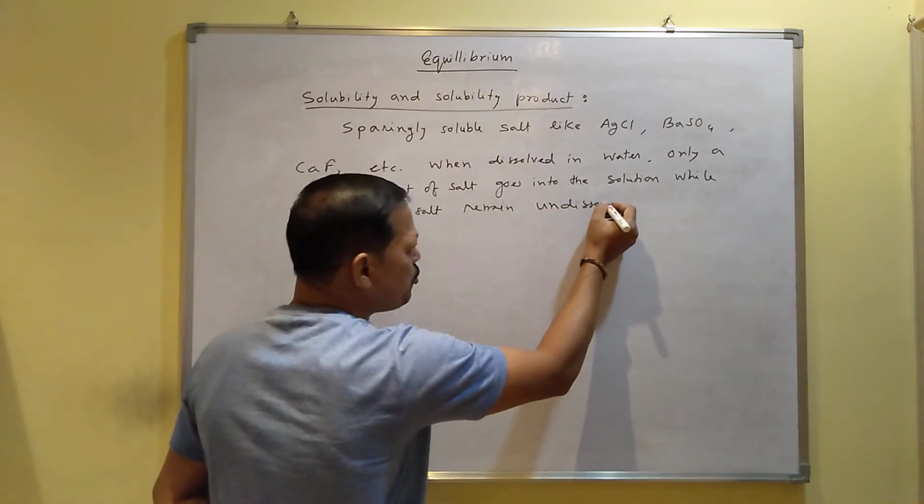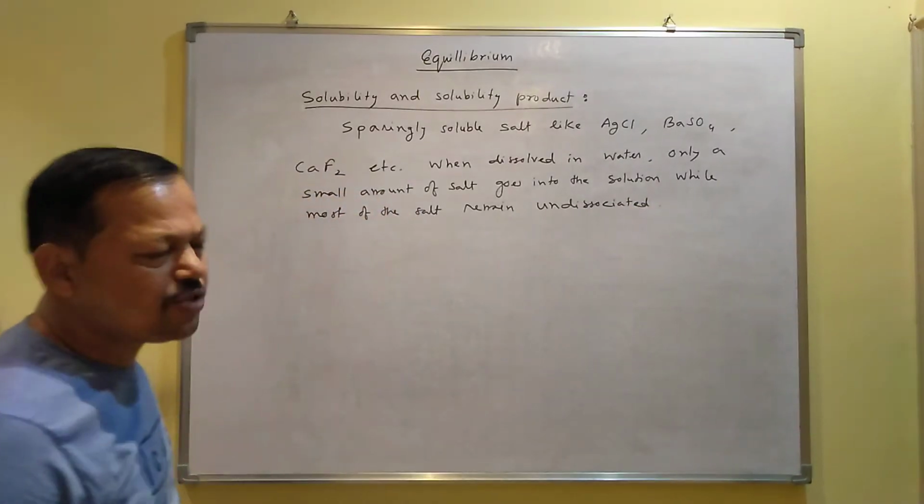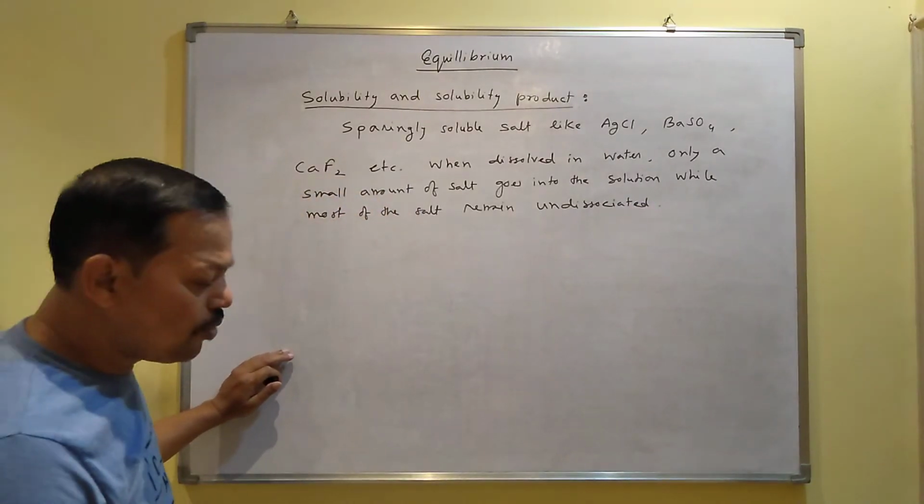To become soluble, it should be dissociated. So the maximum of the salt remains undissociated, and that's why it is not properly dissolved in water.